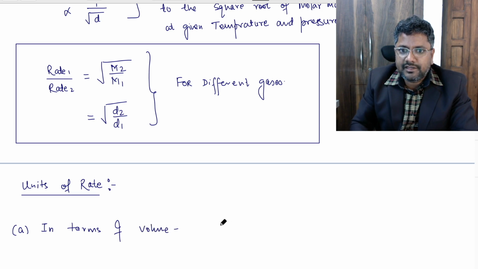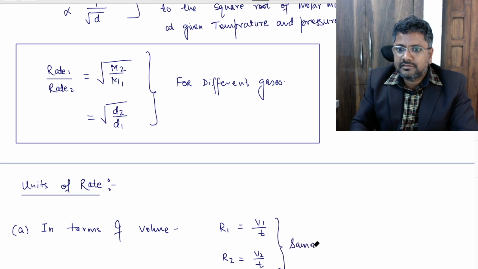So we can write here R1 is equal to V1 by T and R2 is equal to V2 by T. This is the rate for the same time.